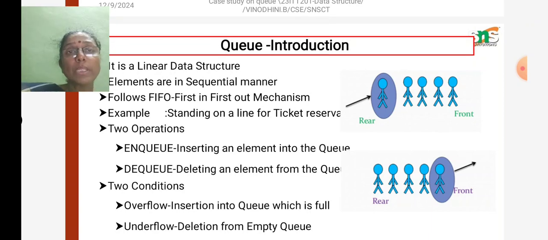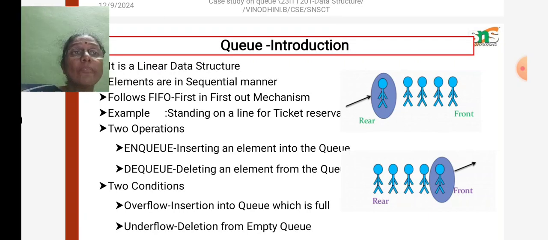To implement the queue, first we have to check two important conditions for insertion and deletion. For inserting any element, first we check whether the queue is full or not.